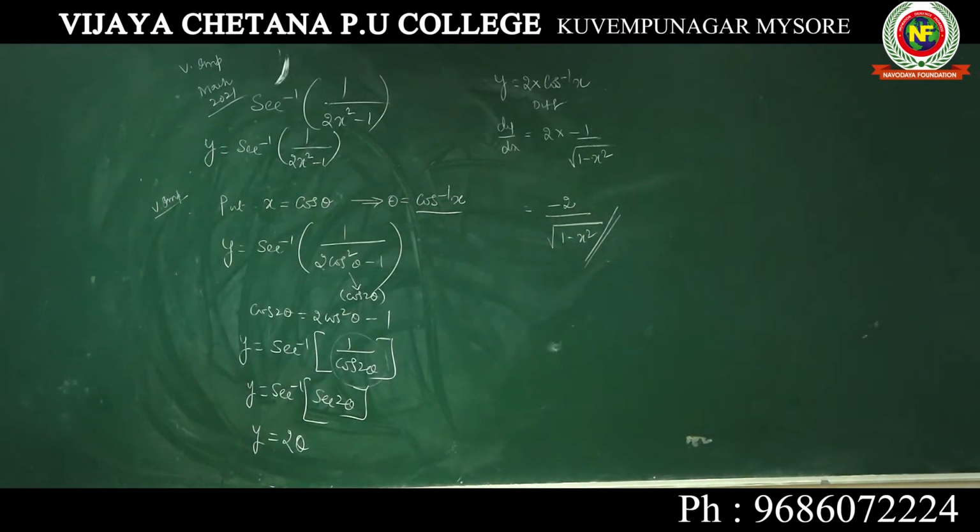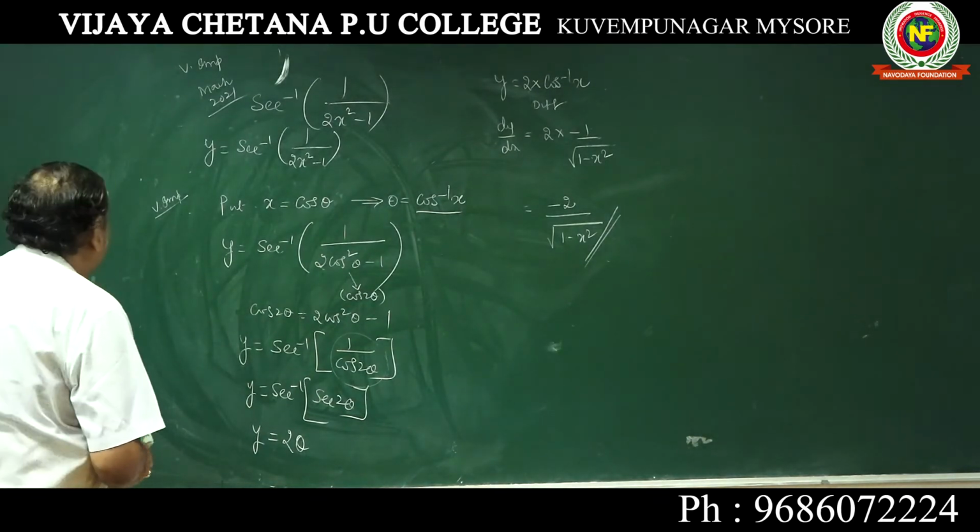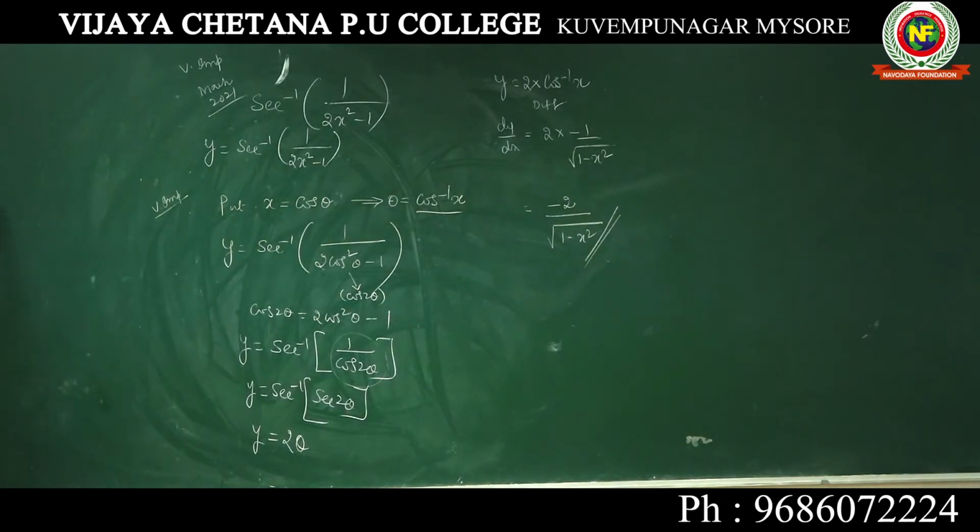So this finishes your differentiation of inverse trigonometric function, and one or two problems out of what we have worked out will be asked. Practice well and try to do these problems at home. Tan inverse of 2x by 1 minus x square, then cos inverse of 2x square minus 1.